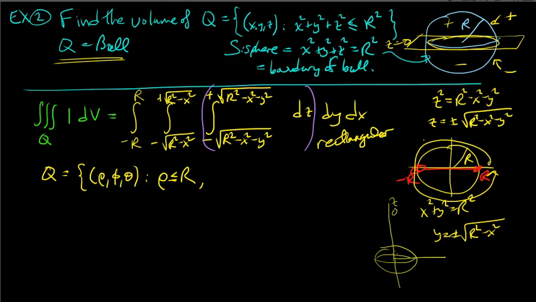This is 0, this would be pi over 4, this would be pi over 2. But we want the entire sphere, the top and bottom, so that's the straight angle from the positive z-axis to the negative z-axis, which is just pi. So phi goes from 0 to pi. And theta goes all the way around, so that's 0 to 2 pi.